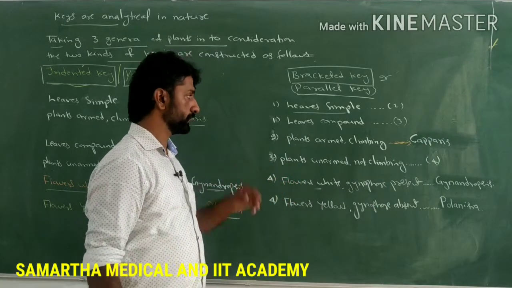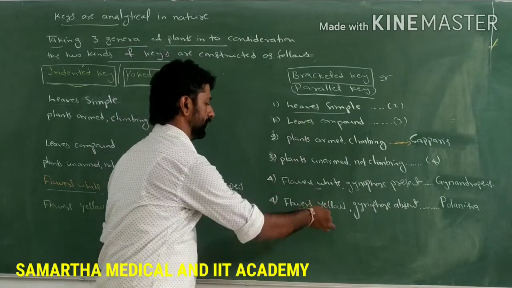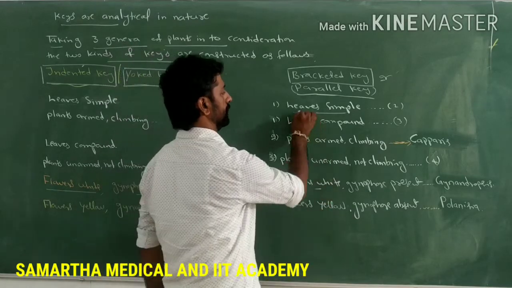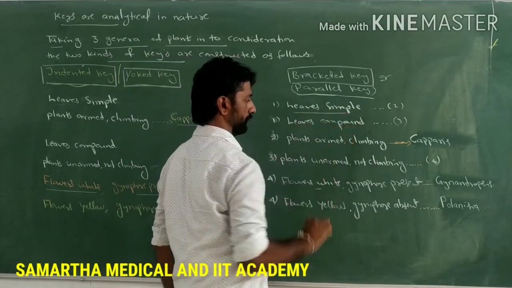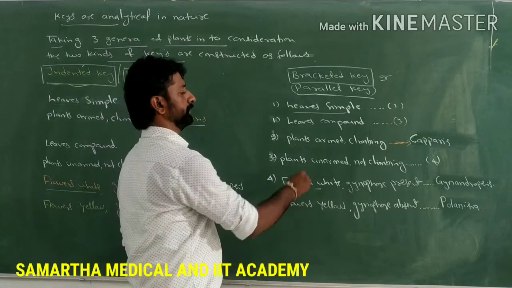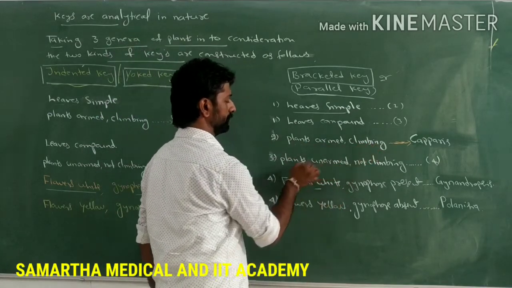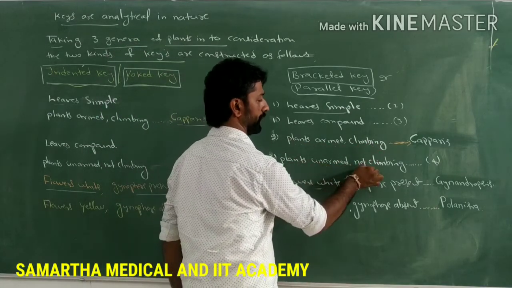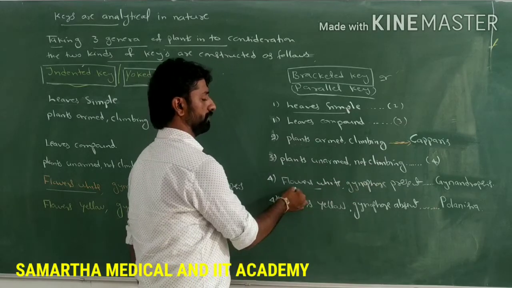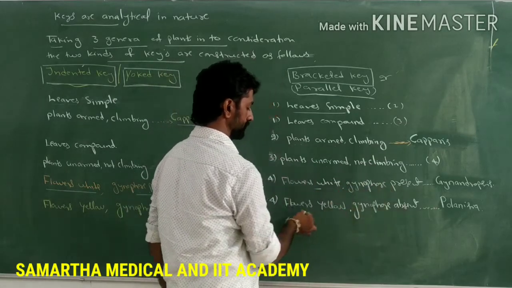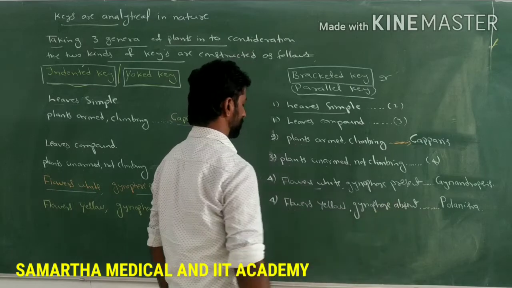So here, if you take the characters as follows: leaves simple and leaves compound. Then plants armed, climbing, plants unarmed, not climbing. Then flowers white, gynophore present, flowers yellow, gynophore absent.